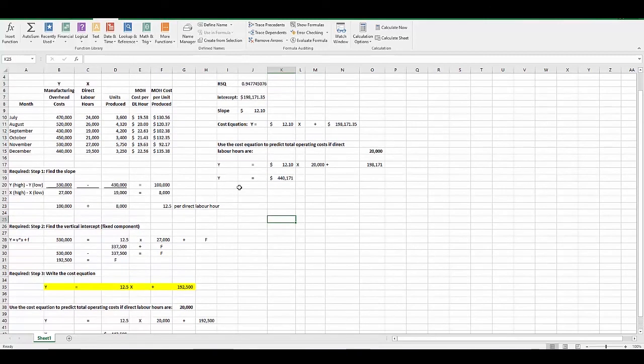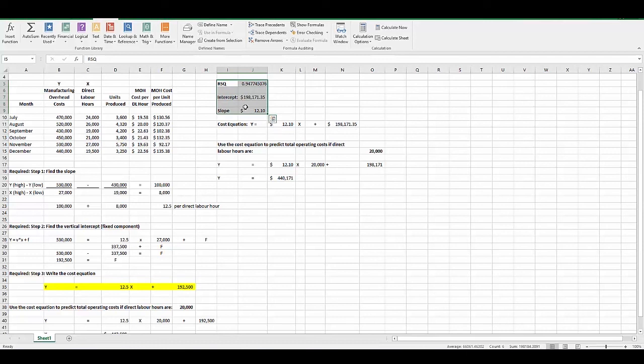Now, in a problem, you would be given all of this information here. So all you have to do in an exam is know what this information is. You have to be aware that intercept is the same thing as fixed cost, so you put that down here. You have to be aware that slope equals variable cost, which is your 12.10.